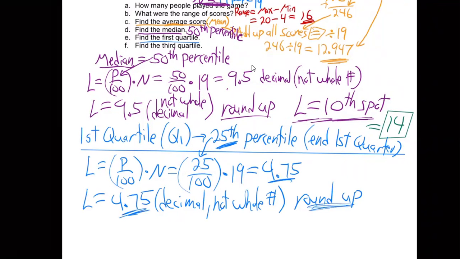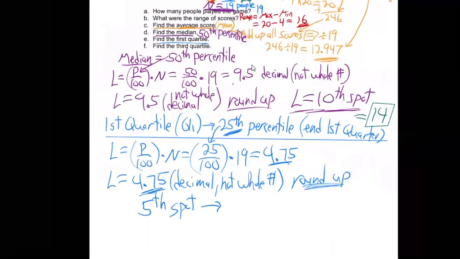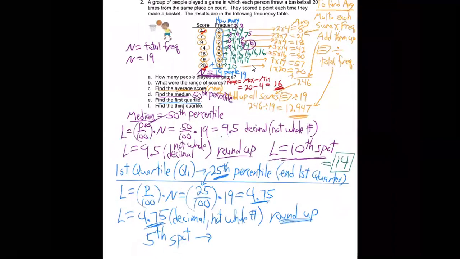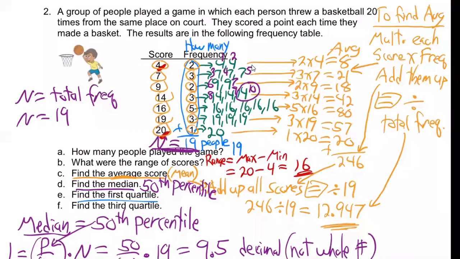You round it up to 5, but it's still just a locator. So fifth spot, you go find the number in the fifth spot. What's the fifth number? 7. There it is.